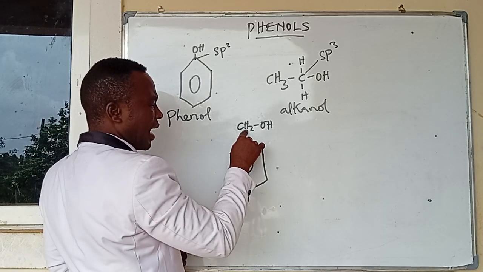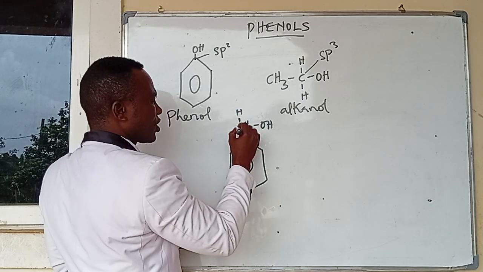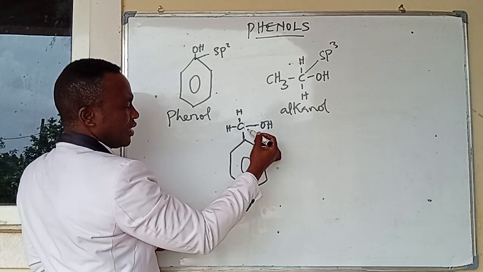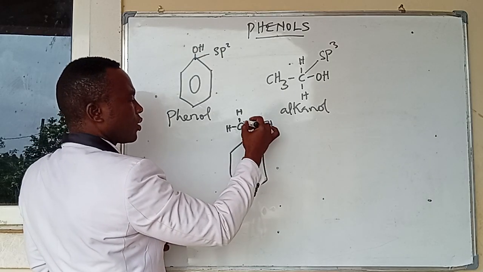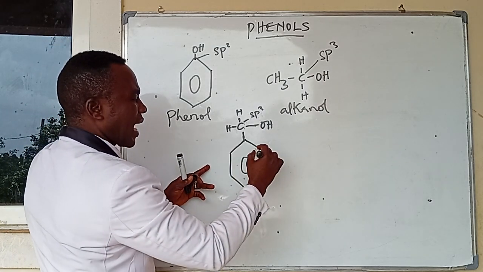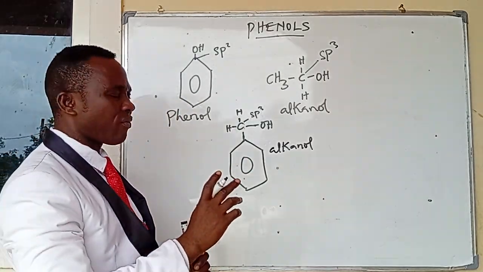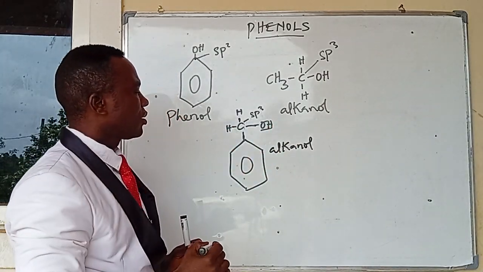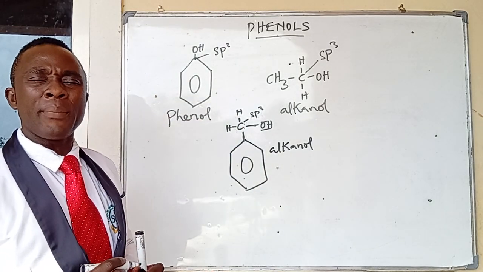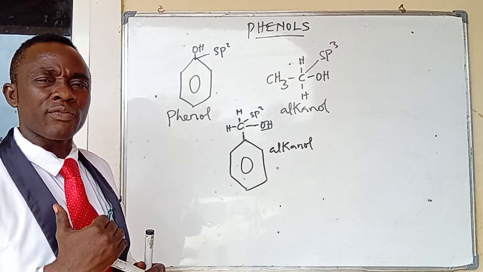This carbon has 2 hydrogens, and the bonds are single bonds. This carbon atom is sp3 hybridized. So this is an alkanol and not a phenol. Remember, for phenol, the hydroxyl group will be bonded directly to the benzene ring or the aromatic ring. I bet now you know what phenols are.